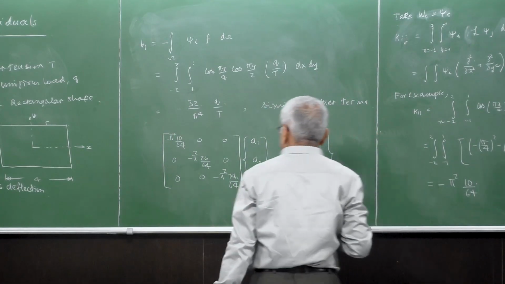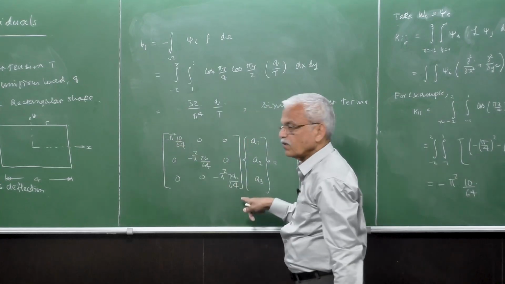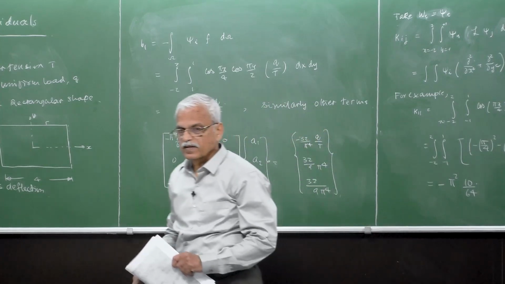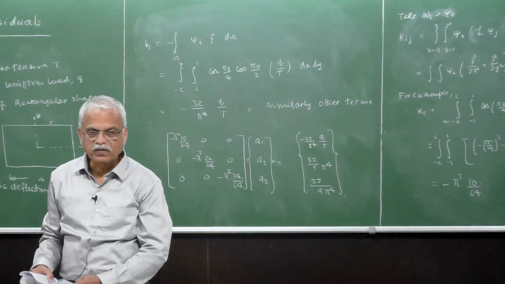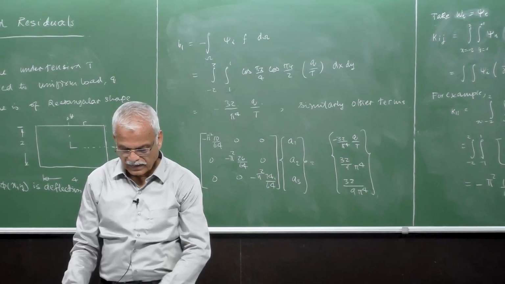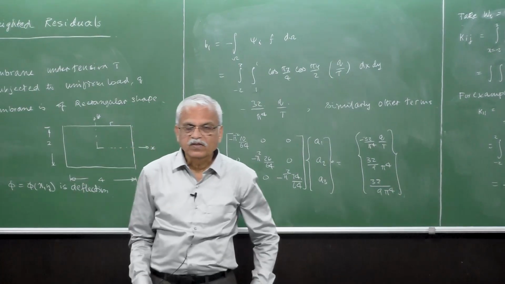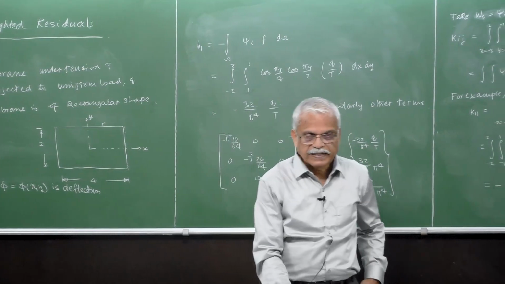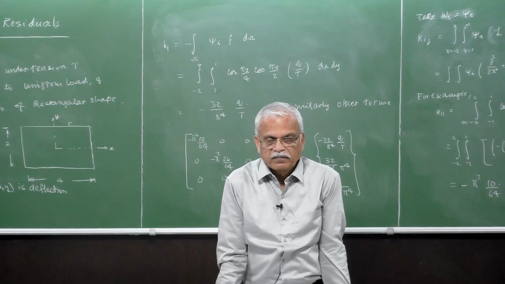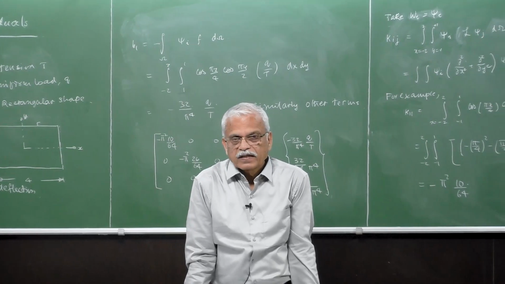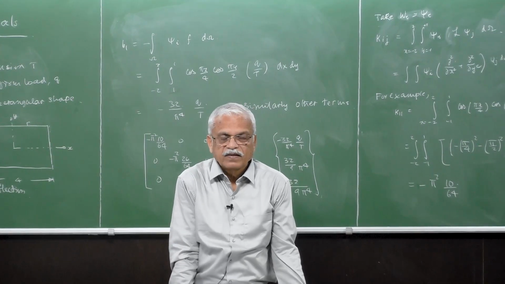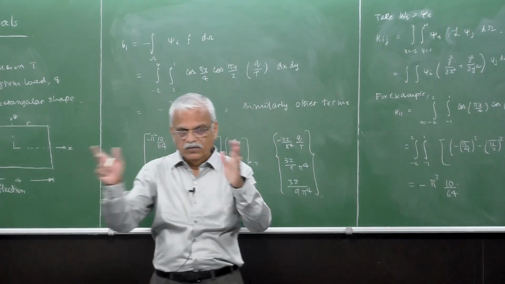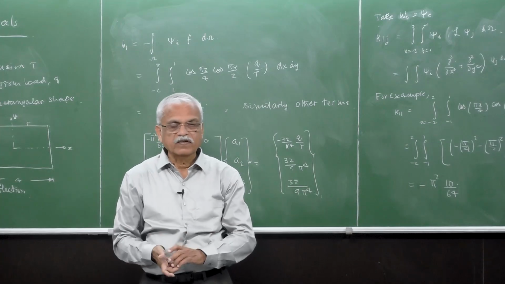One thing of interest is that only the diagonal terms are non-zero; all the off-diagonal terms are 0. This is because the set of trial functions taken here are orthogonal. Any product taken by itself will give you non-zero, but a product of two different terms will turn out to be 0.